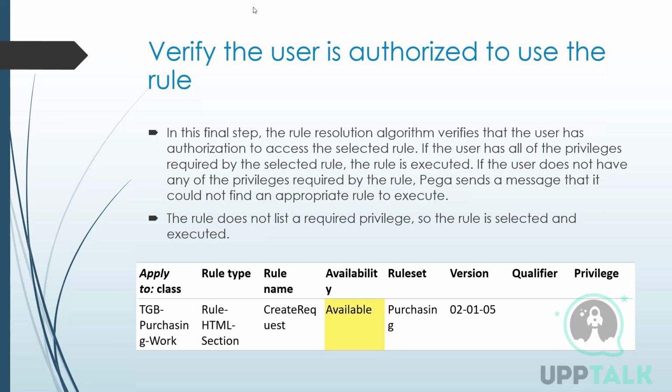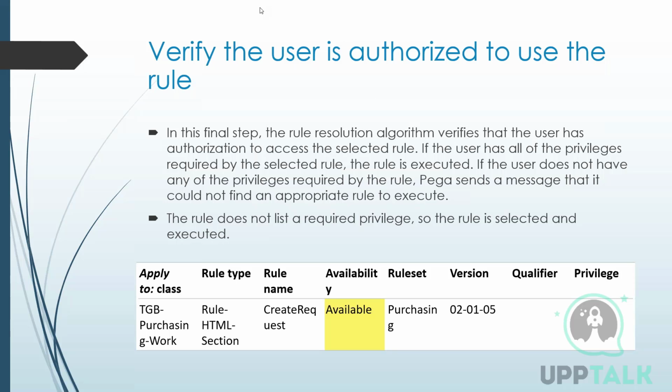So check if this operator who's working on it has access to execute that particular rule. There is no privilege defined here, so the user does not need any special privileges or special access requirement. So yes, he can execute this rule.